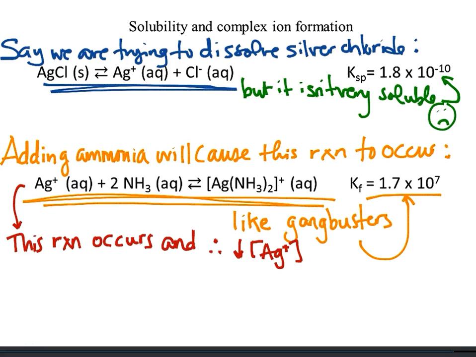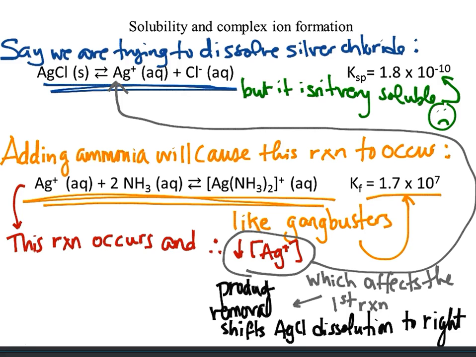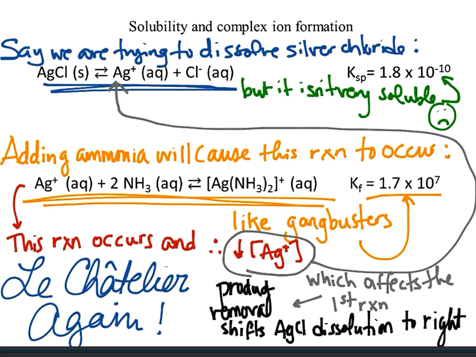That's going to decrease the silver ion concentration, and that's going to influence the equilibrium on the top. Le Chatelier would say that if you remove product, then the equilibrium on the top will shift to the right, which is the soluble side, right? So if Le Chatelier were here, he would say this makes complete sense because product removal should shift the silver chloride dissolution reaction, the one on top, to the right. There's Le Chatelier again. Le Chatelier just comes back over and over and over again. Good guy, we like him.